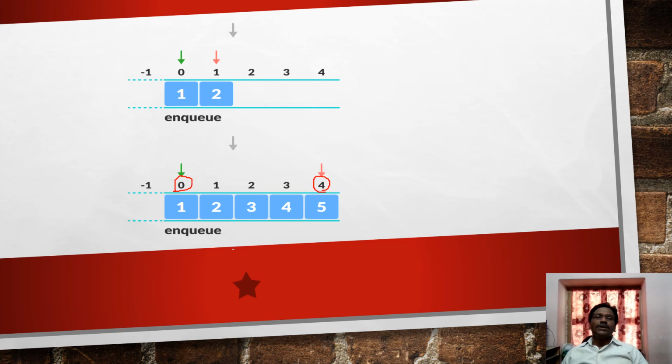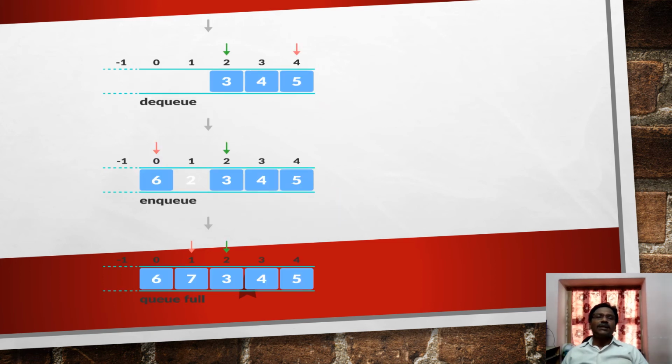This queue has 5 elements. Now I try to dequeue. The first two elements are deleted, so the front value is moved to the next position. So at present, the second position is used for front and the fourth position for rear.